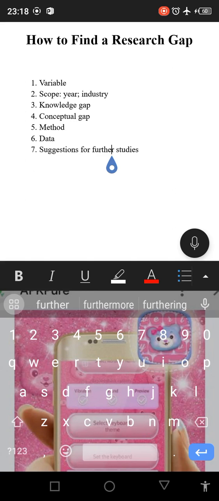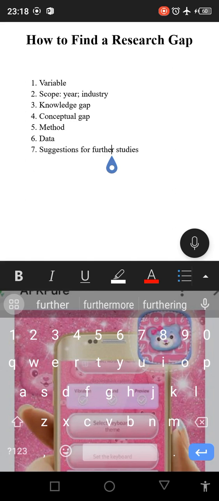But one thing is important. For your research project or research article, in order to make your work robust, at least your gap could be in the form of variable. Scope, remember, scope for years, scope for industry, is important for both of them to be there.